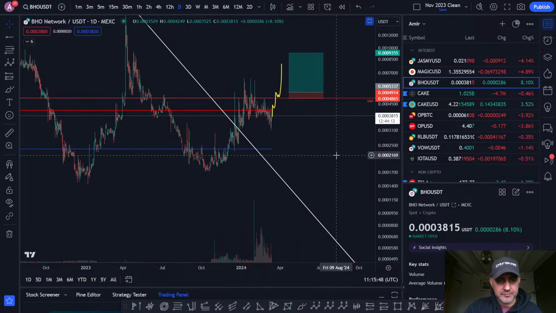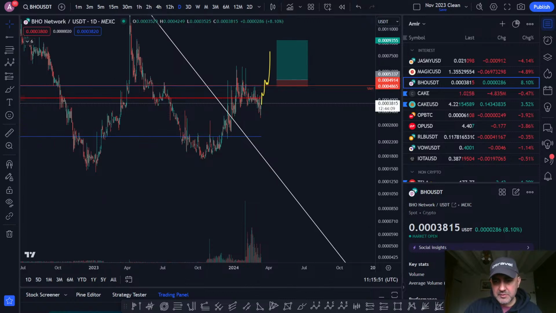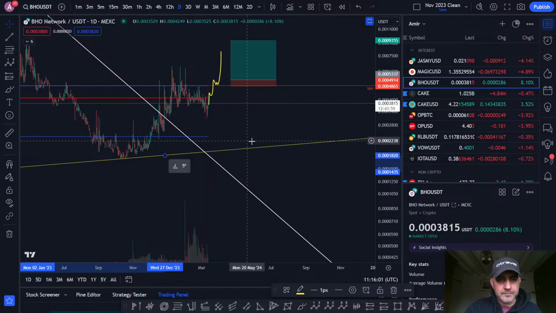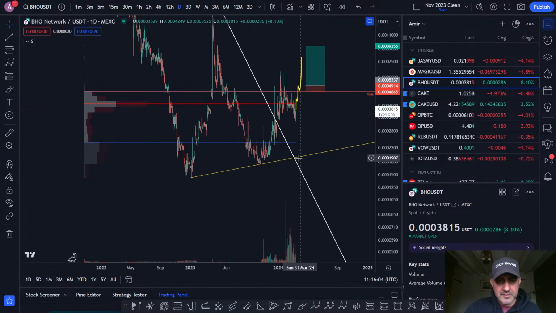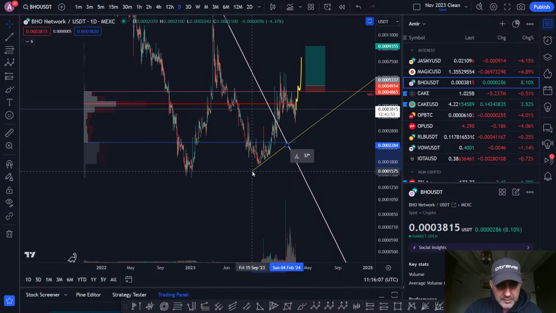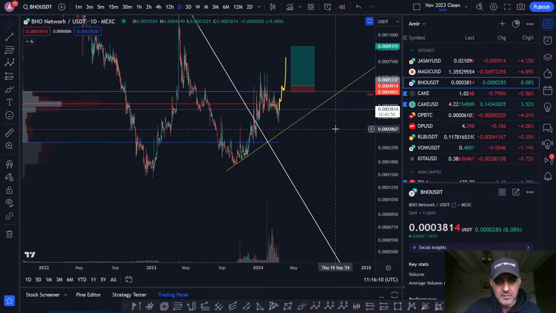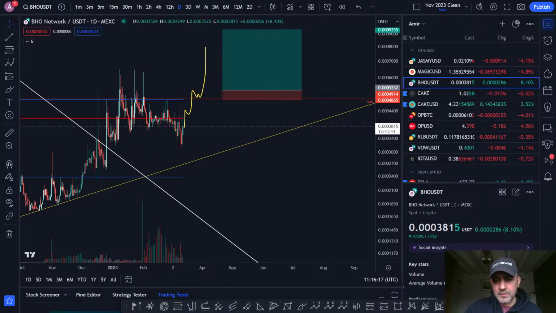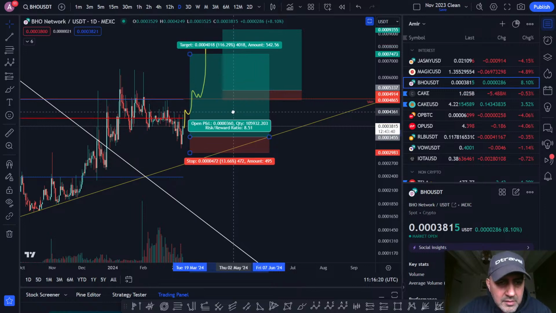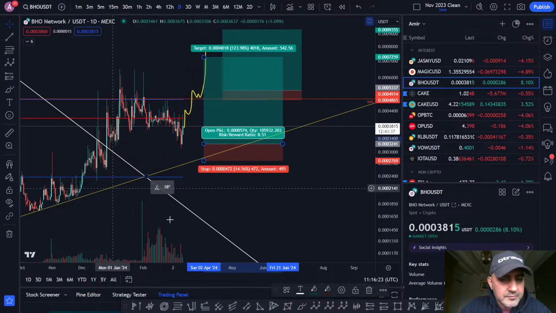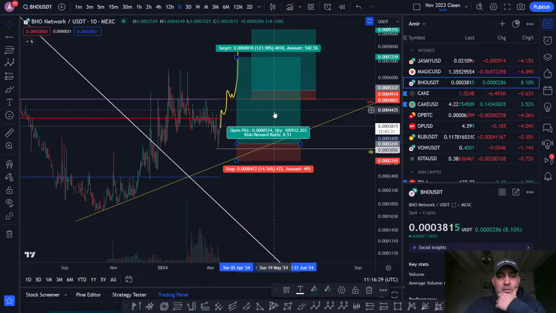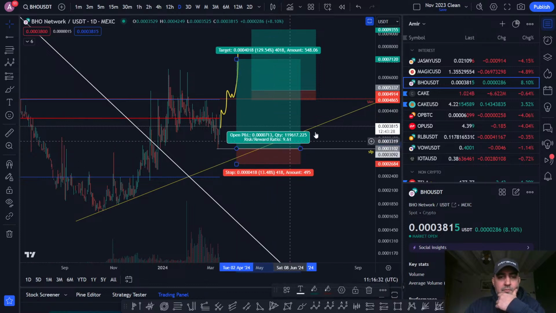Or lower. Lower would be good too. Probably here. Oh, you just SFP this. Just a trade.